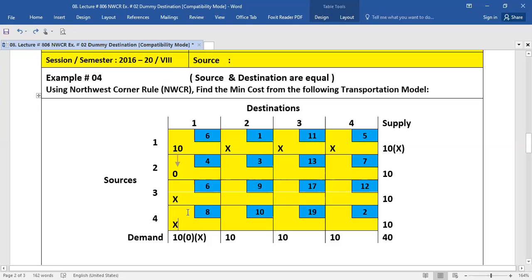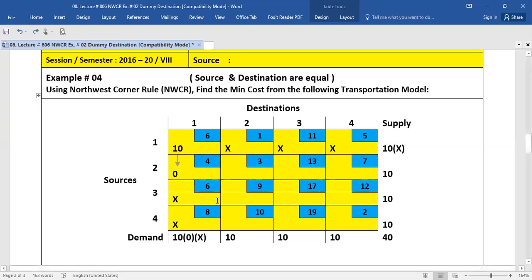So when you move down, you will put 0 and put cross sign in front of 0. This is very necessary. If we do not do this, then there will be a problem. We will have a shortage of basic variables. This will complete the allocation in this way.